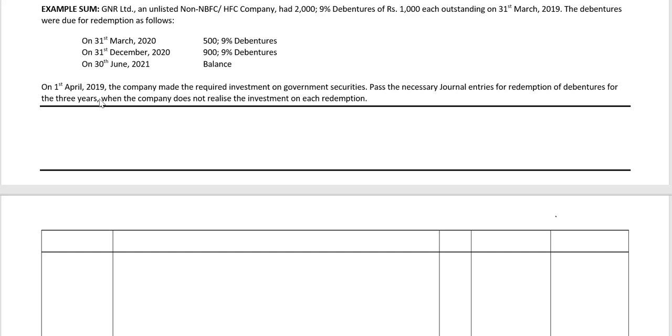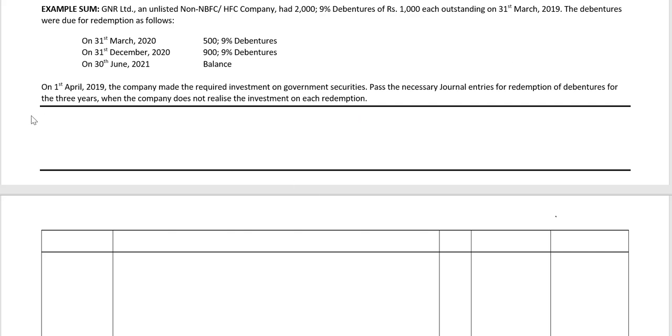On 1st April 2019, the company made the required investment on government securities. Pass the necessary journal entries for the redemption of debentures for the 3 years when the company does not realize the investment on each redemption.